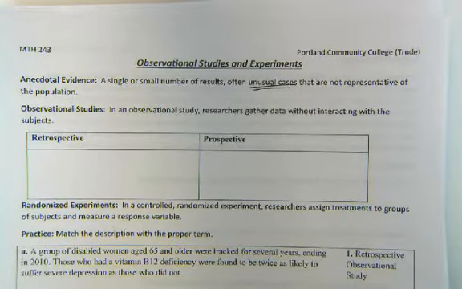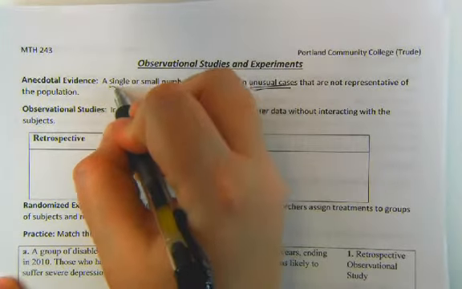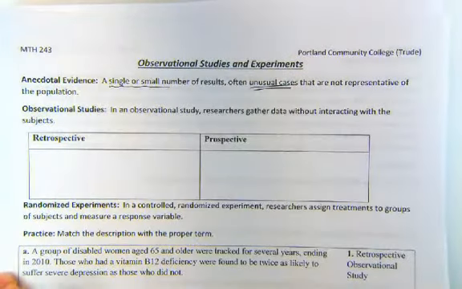I got smarter and I aced my test. It's awesome that it worked for them, but that's just one case. In order to actually make a claim like vitamin D makes you smarter, you'd have to run all sorts of tests with many more results. So the key to anecdotal evidence is it's just coming from a few results. And with that, that's not a very good way to have data.